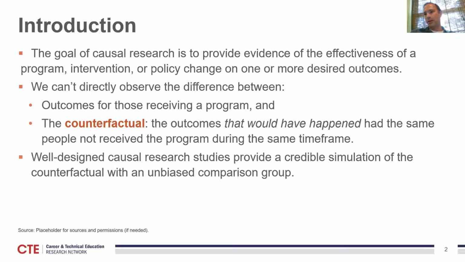But since we can't measure it, that's the fundamental issue. So well-designed causal studies provide a credible simulation of this counterfactual with an unbiased comparison group. And that's really the focus of causal research: finding methods that replicate a valid counterfactual.